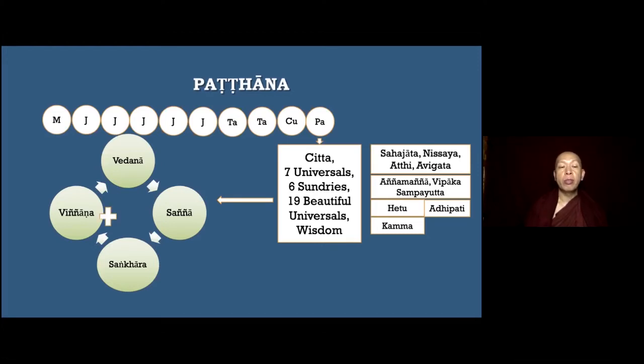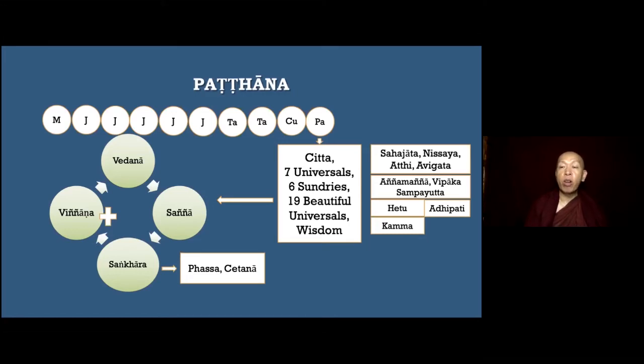And we have vijnana, citta, and phassa and chetana. These are called three mental nutriments. Phassa, contact. So when we have contact, we can experience different types of feeling.